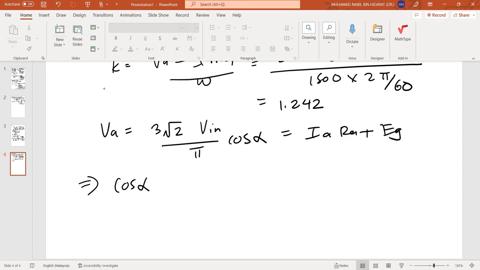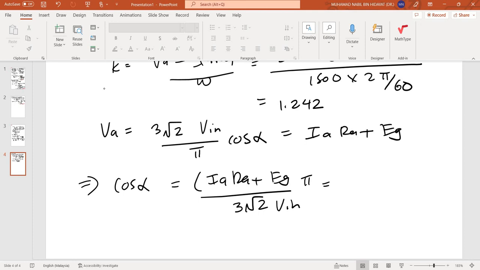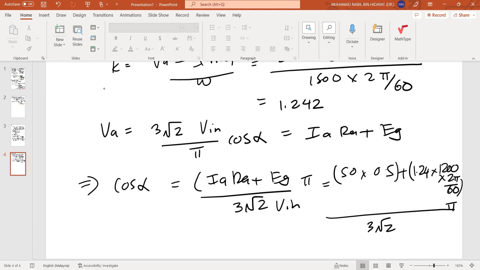So cos alpha is IA RA plus K omega over 3 root 2 V in over pi, and we put in the values, 0.5 plus 1.24 times 1200, put it in rad per second, times pi over 3 root 2 times 162.8.